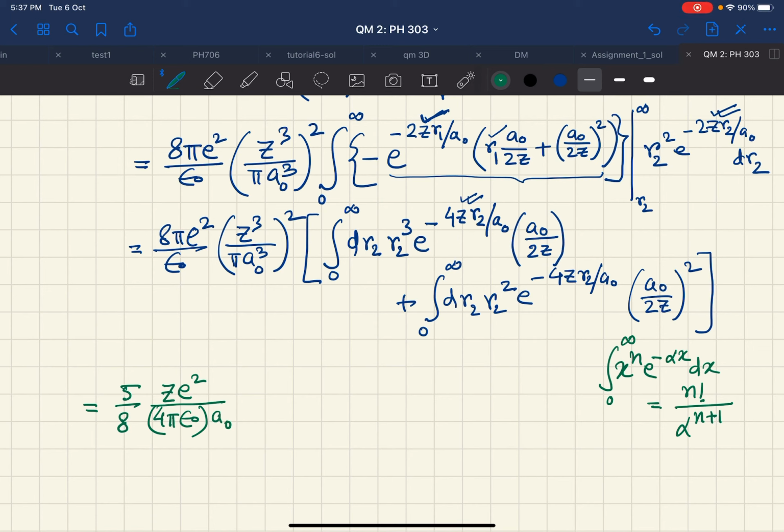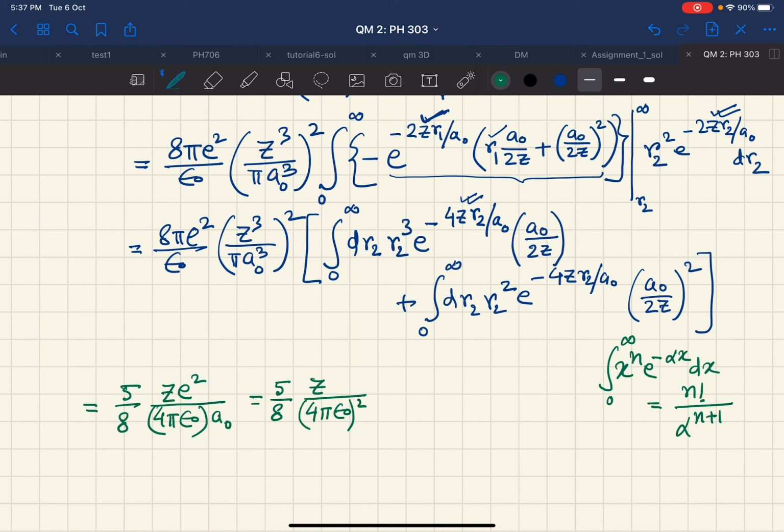That is the result that you are supposed to get now. But then again here you put back what is your a0. So this is 5 by 8 z by 4 pi epsilon naught, but a0 is nothing but 4 pi epsilon naught h bar squared divided by me e square.